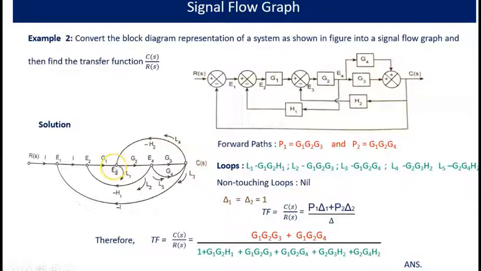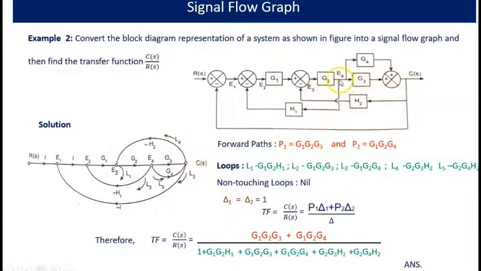G1, and again here another node, G2, node E4, G3, parallel path G4, then feedback path minus H2, another feedback path H1.